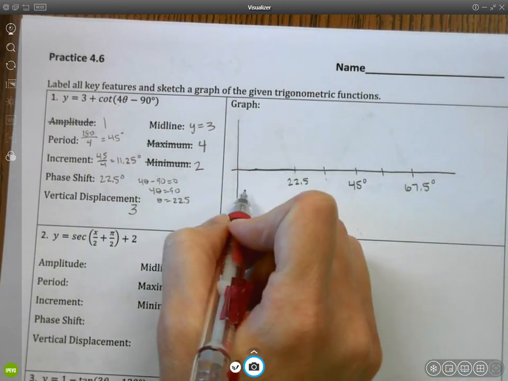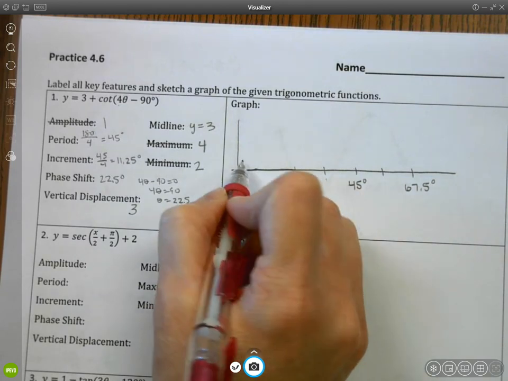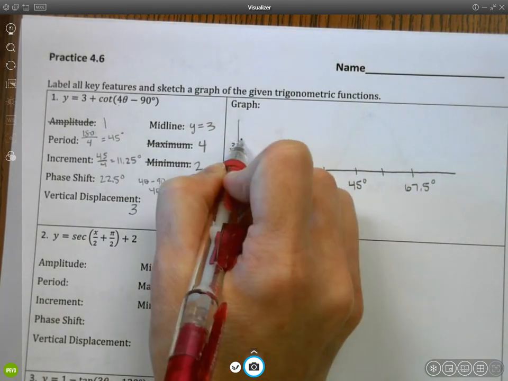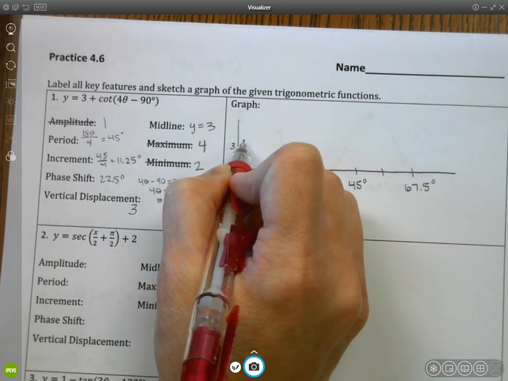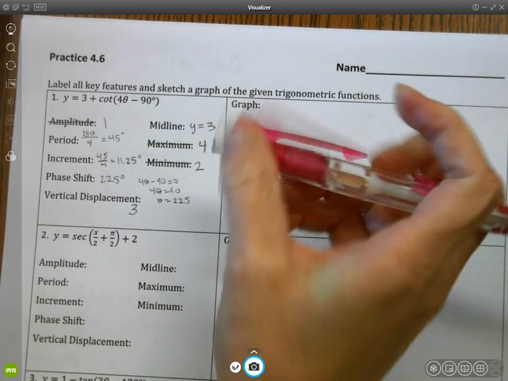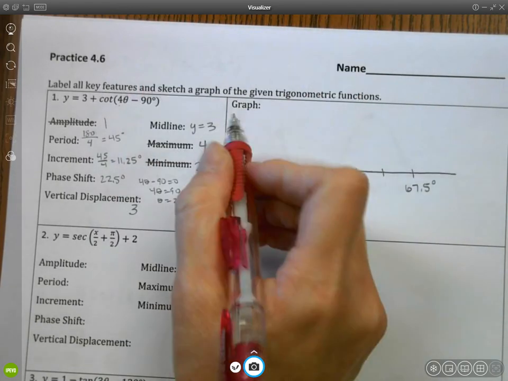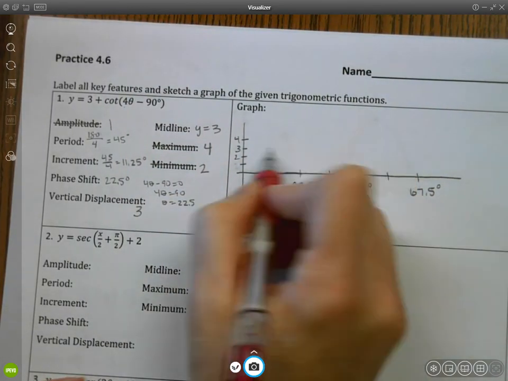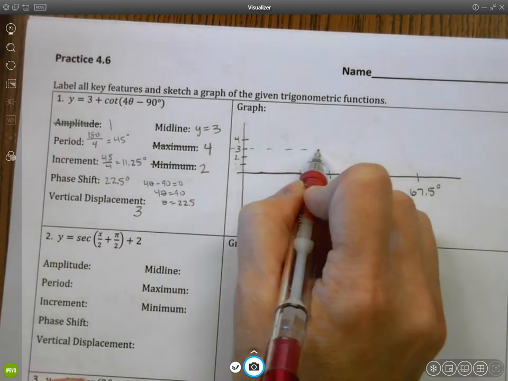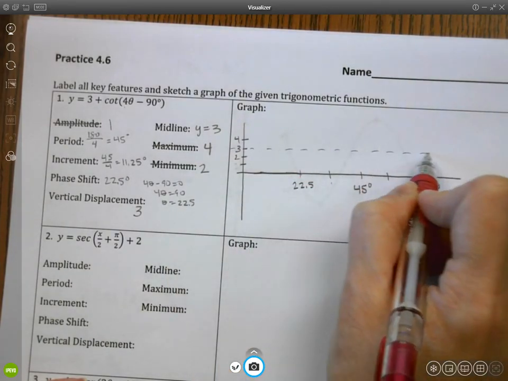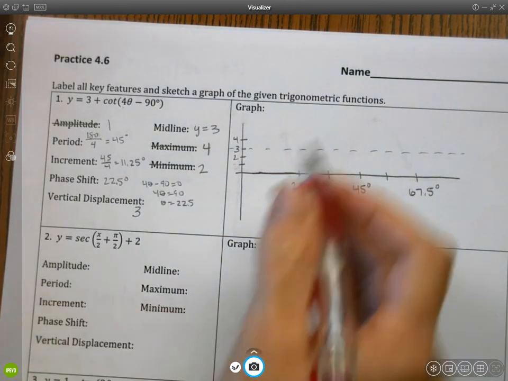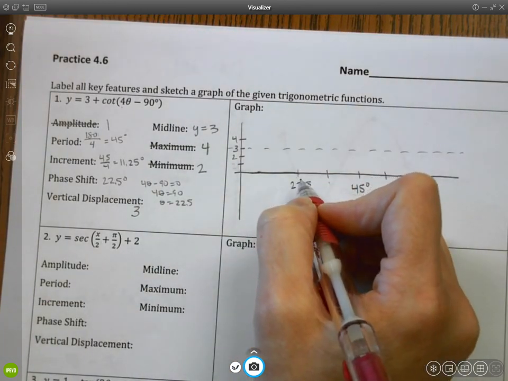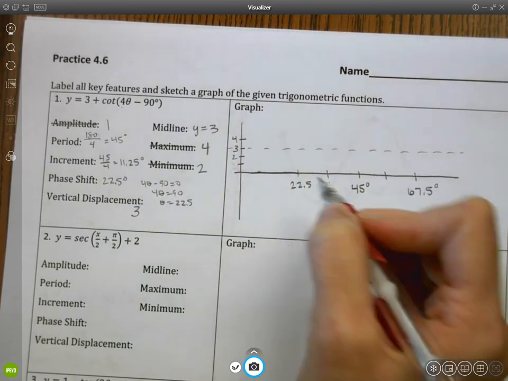Alright, so on the y-axis, we need a midline of 3, a low point of 2. I just put 2 at 1. I didn't realize that. And a high point of 4. Alright, so all of those points that happened at 0 are now going to happen at 3. Okay, so for a cotangent graph, if you look back, you have asymptotes at the beginning and the end.